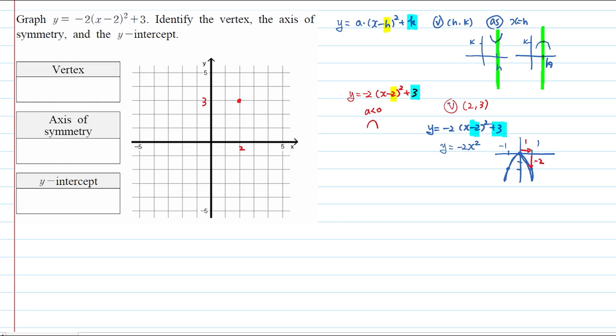So what that tells me is this. You know what? I'm going to actually explain this by using transformation as well. Okay, let's just do it now. Y is -2x squared. You can consider this as a parent function. X is, instead of x, x minus 2, the graph will what? Move right by 2.